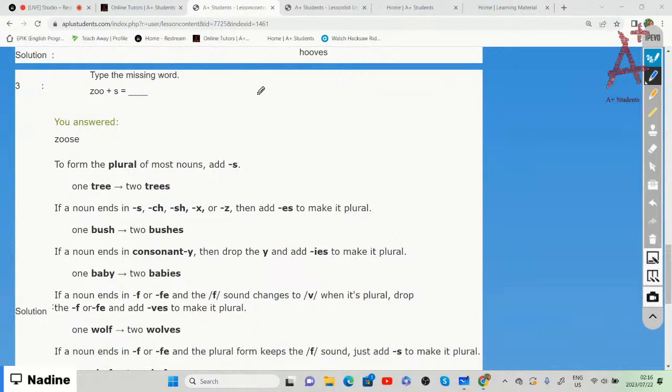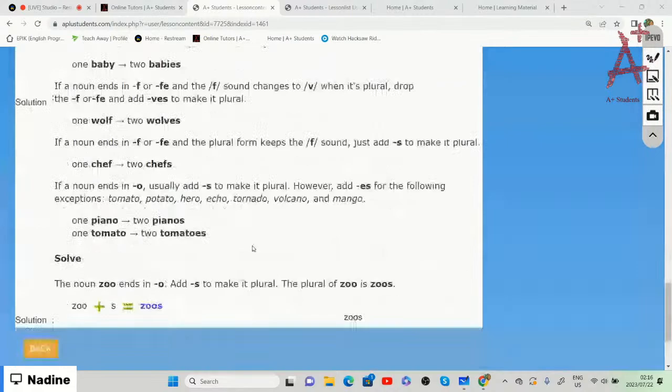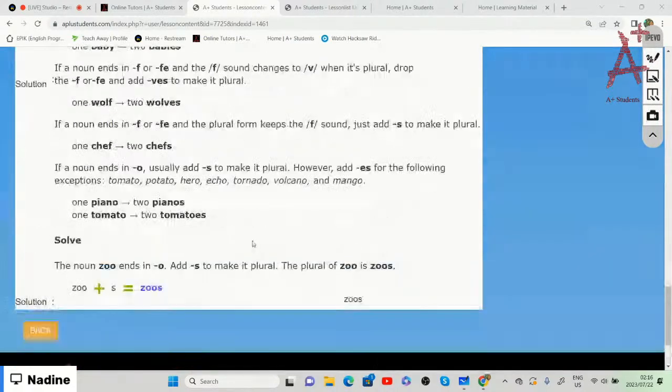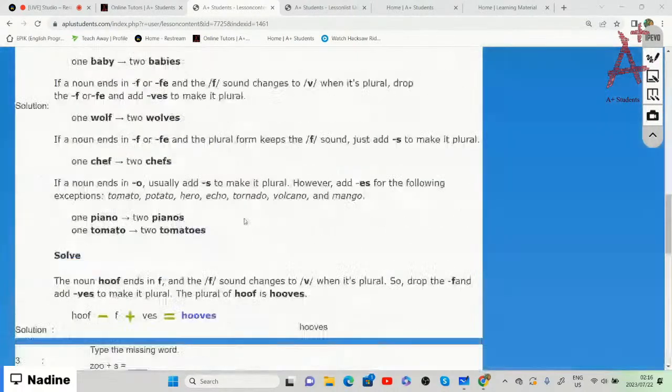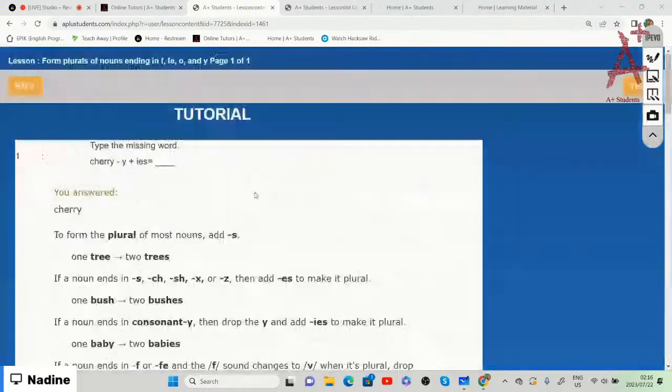So they basically just add an S, zoos. So one zoo, one animal zoo, but two or more zoos. And we just added an S. So zoos. All right, let's do a test.